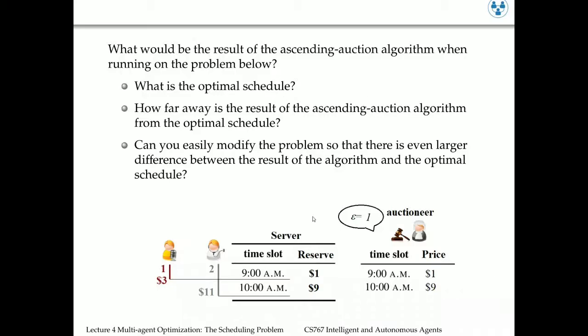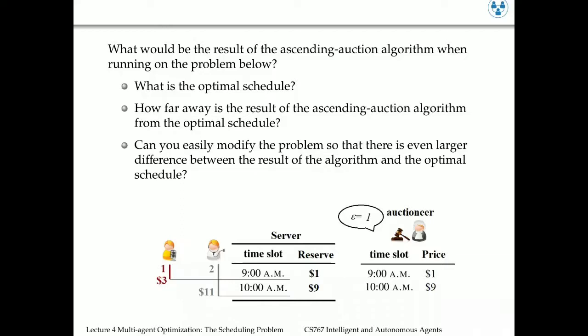So first of all, what we get would not be the optimal schedule. And also, the solution that we get is in fact quite far away from the optimal schedule in terms of the total evaluation. So the total evaluation would be much smaller than what the optimal schedule would give us.